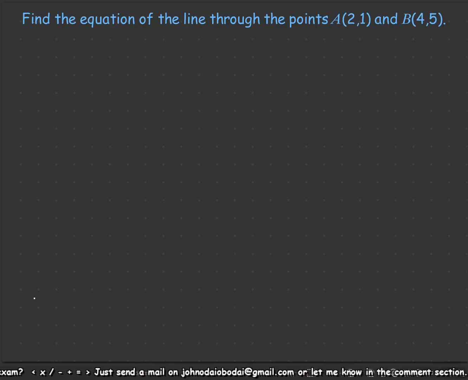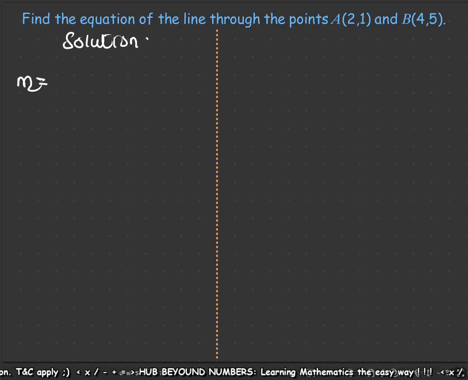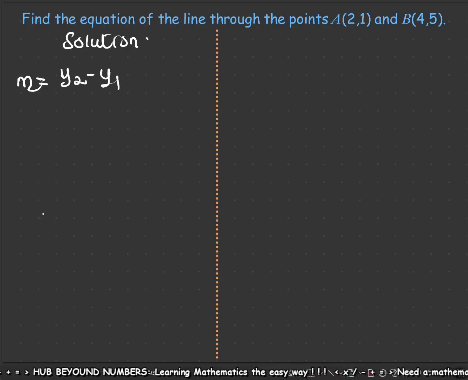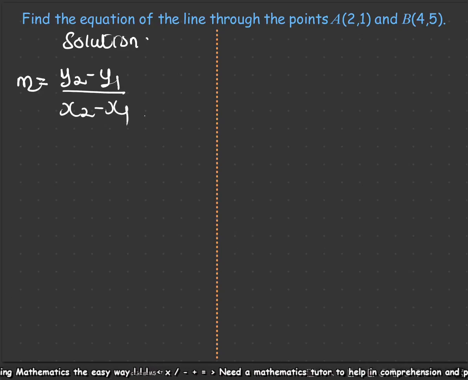And we said for any given 2 points, our gradient is given as m is equal to y2 minus y1 all over what? Your x2 minus x1. That gives you your gradient.